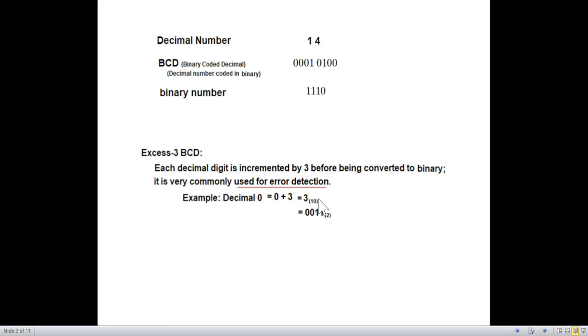After 3 has been added, we convert into binary. That is what is called Excess-3 BCD, and it is very commonly used for error detection. When you go further in this subject, you will come across the error detection technique. For the time being, just remember what Excess-3 is.